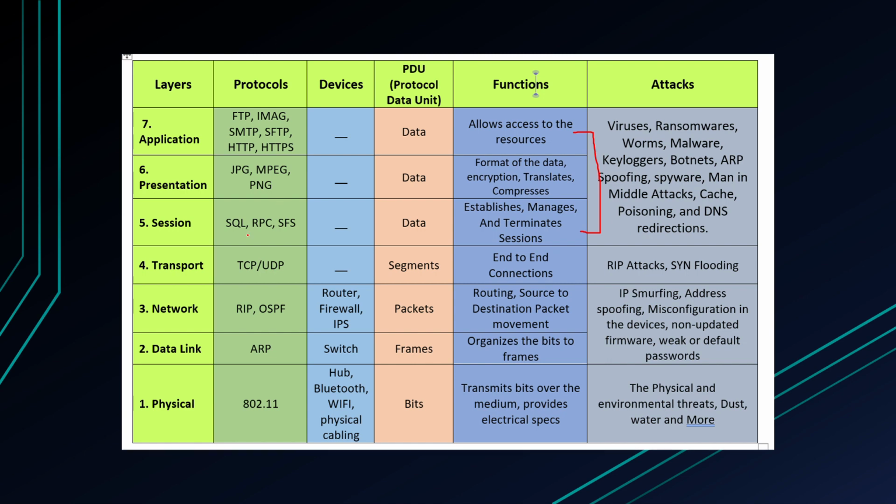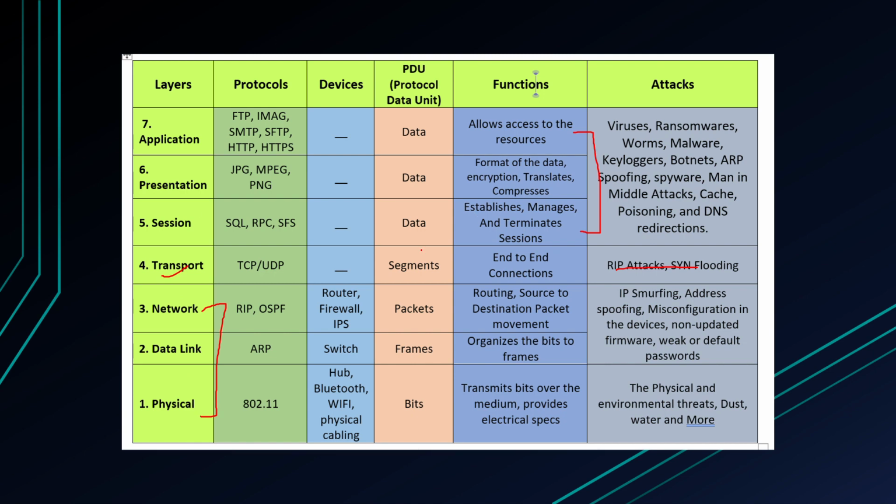Then we come to the heart of the OSI model, the transport layer: TCP, UDP, segments, end-to-end connection. The RIP attack and SYN flood attack happen in the transport layer. Then the network layer: these last layers are called the hardware layers.